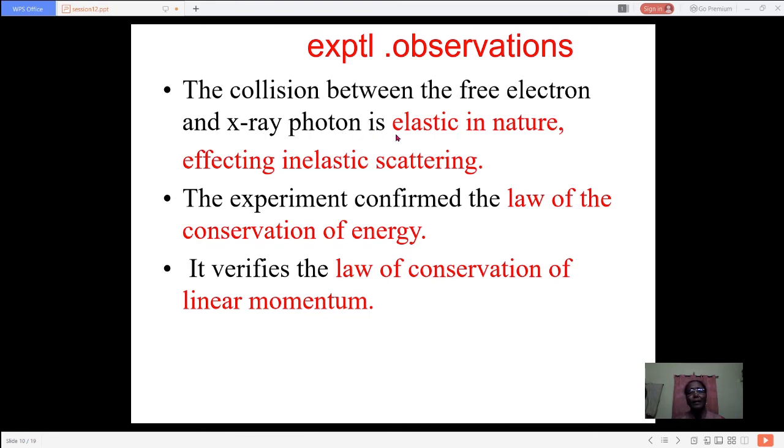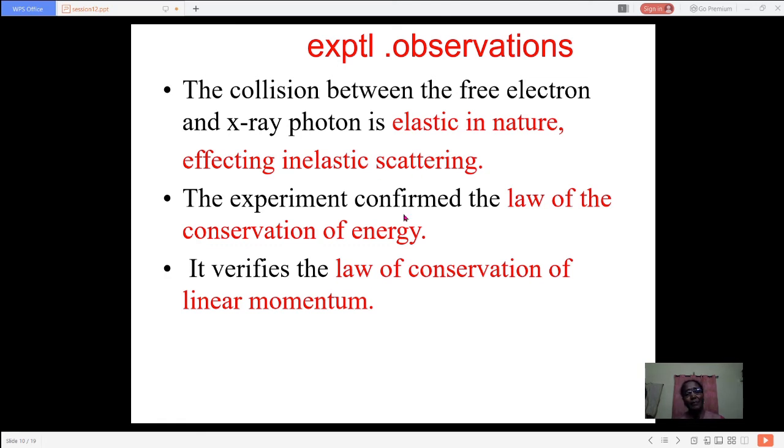When these two interact, the collision is elastic in nature. But what happens because of this collision is inelastic scattering.